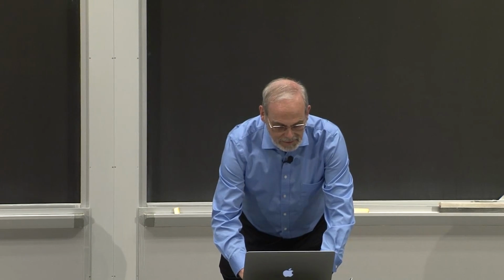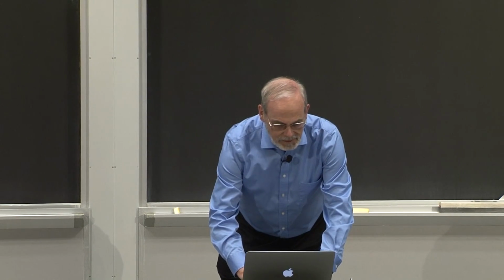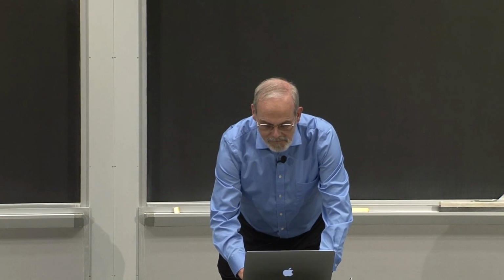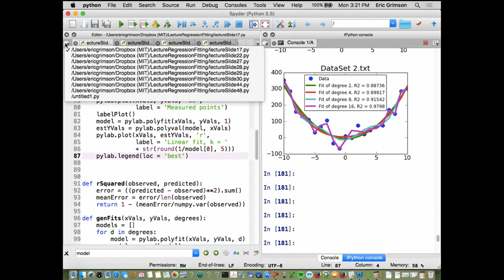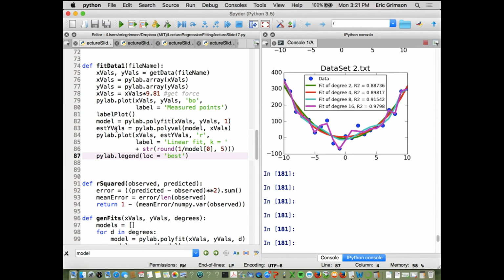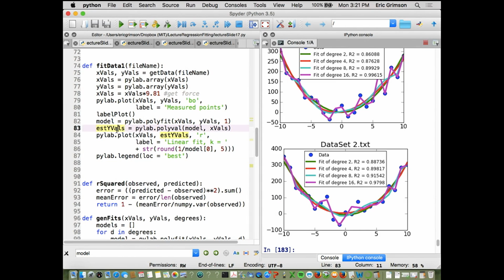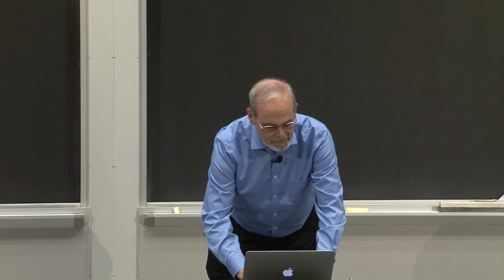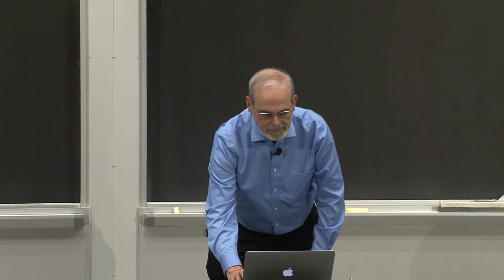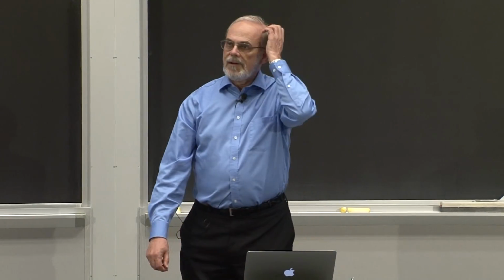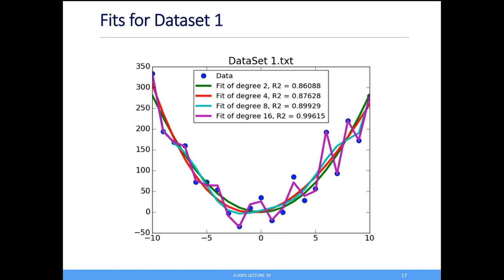All right, with that in mind, I've got the code here. Let's run it. And there we go. I'm going to run that code. I got 2 fits. Looks good. Let's look at the values. So there's the first data set.